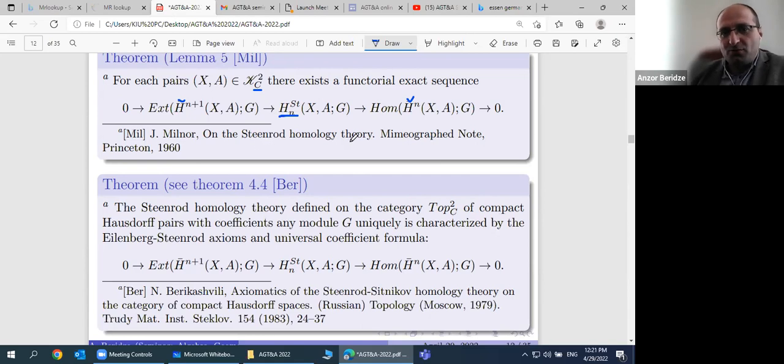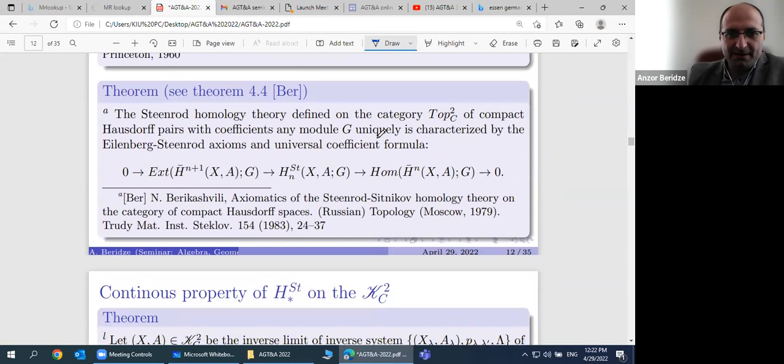And this formula was known by Milnor, but Milnor did not prove that this is enough to prove uniqueness theorem on this category. And first such kind of theorem appears in Berikashvili's paper, and Berikashvili proved that if we have any homology theory, it does not matter here is a Steenrod's or any other homology theory, for which we have universal coefficient formula.